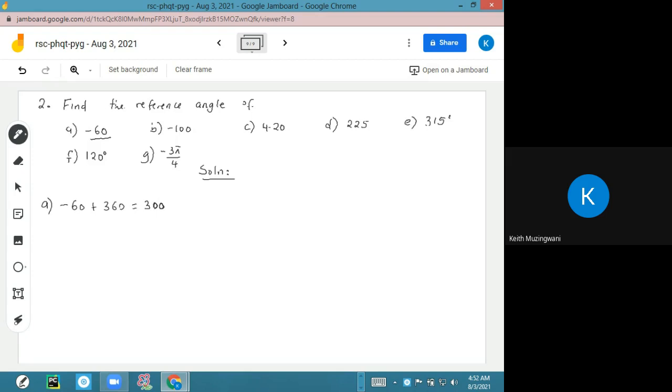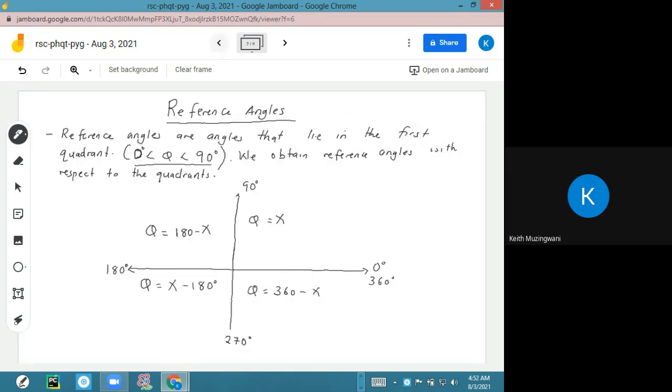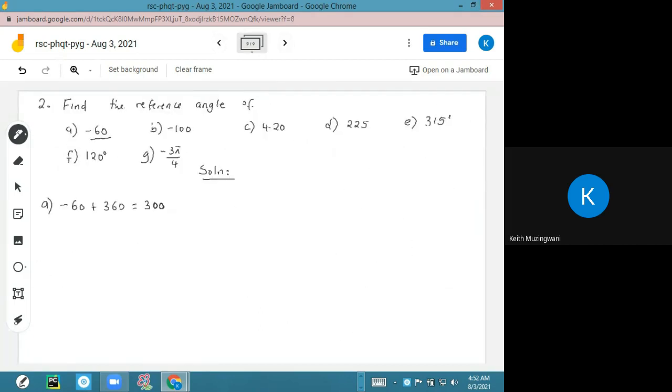Now 300 lies in the fourth quadrant. And how do we get reference angles in the fourth quadrant? We subtract from 360. So we'll say theta here, the reference angle, is going to be 360 minus 300, giving us 60 degrees.